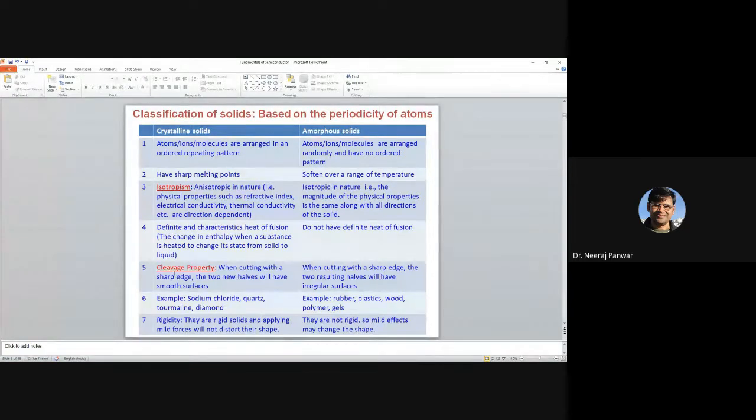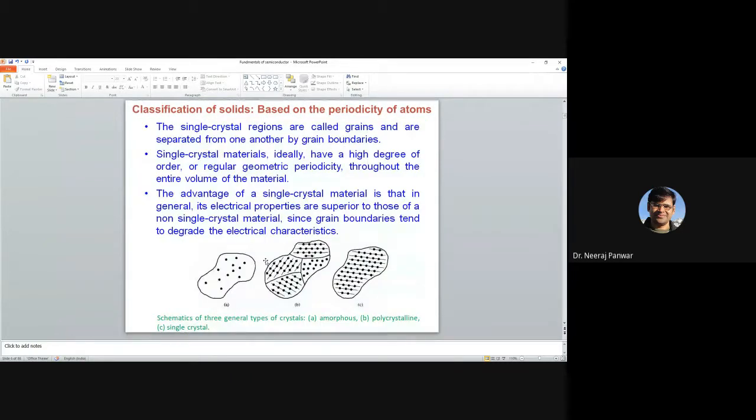Another interesting property is cleavage property. If we break any single crystalline material, they will have sharp edges, means they will have very smooth surface. If we break a semiconductor, because the atoms are arranged in a particular fashion, so if we break it like this or like this, the periodicity will be interrupted and we will have very sharp faces.